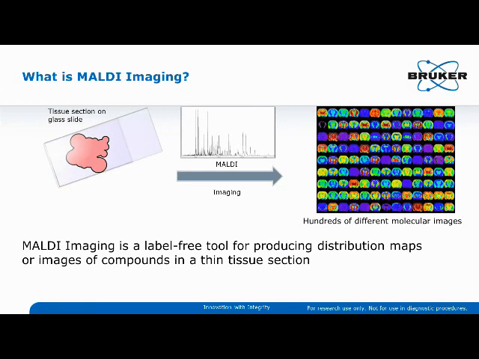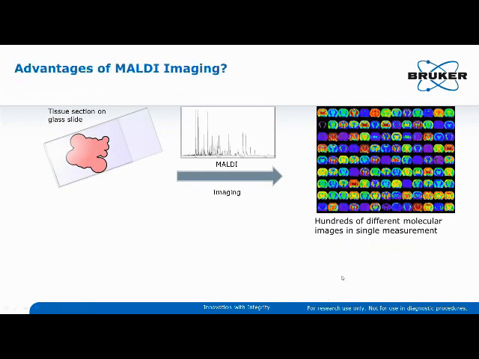The intensity of that compound throughout that section represents a good measure of its abundance in that section. So it's a relatively powerful tool for getting hundreds and sometimes thousands of molecular images from a single tissue section in a relatively short amount of time.